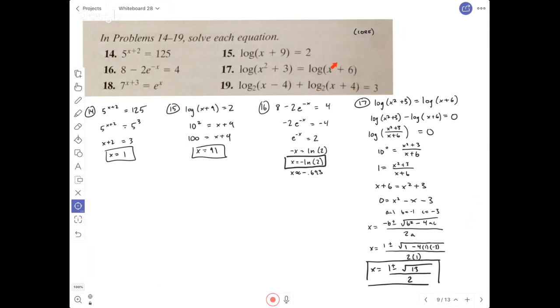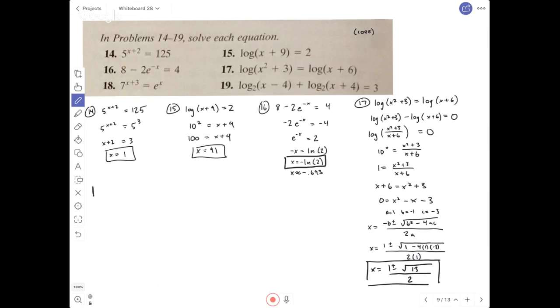So we need to check, because in solving a log equation, it's possible to come out with answers that aren't real answers. And the way that we check is we plug them back into the original equation and say, are those real answers? If when we plug in an answer to the original equation, it's a domain error, then we should probably not have it be a solution. But none of that is on your test tomorrow. But it's a great question. Totally a real thing.